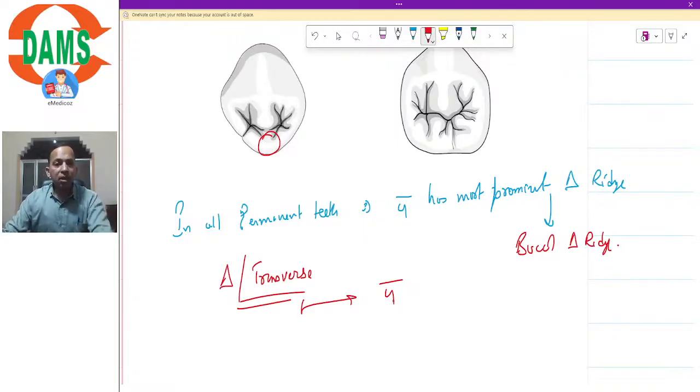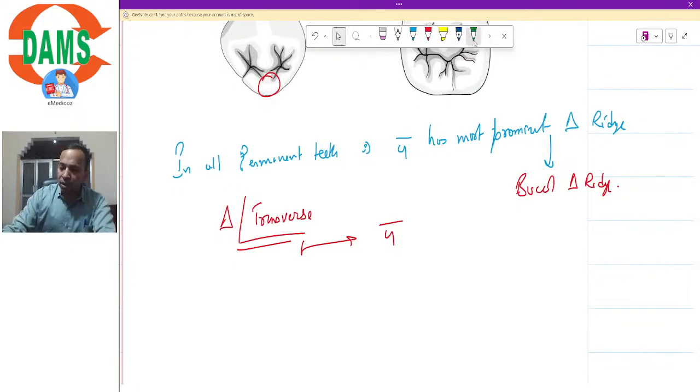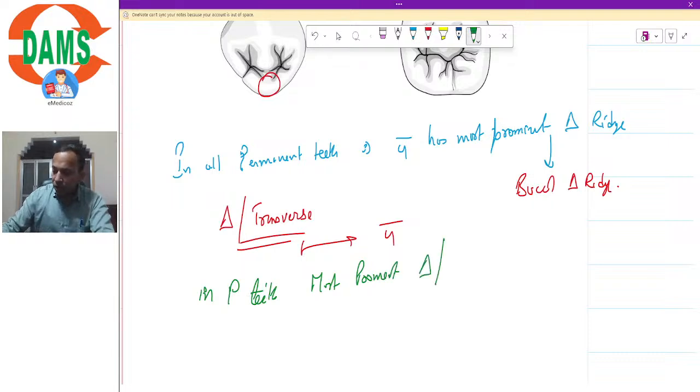permanent teeth. In case of deciduous, just for the sake of comparison, I am telling you here that in primary teeth, the most prominent triangular or transverse ridge is seen in mandibular first molar, right?